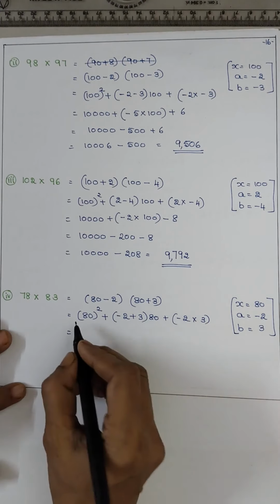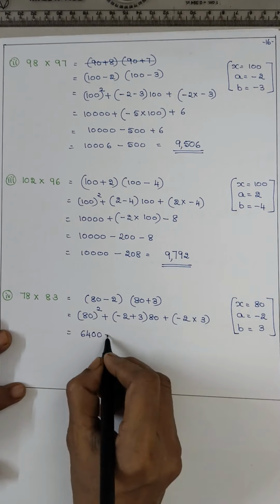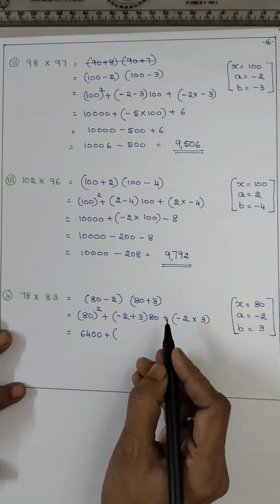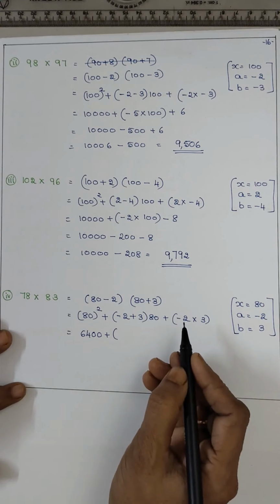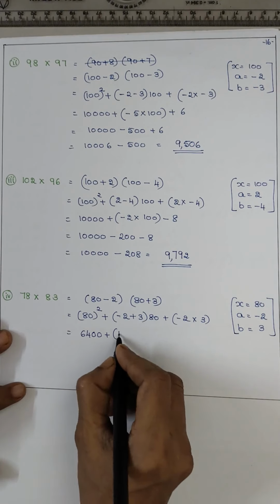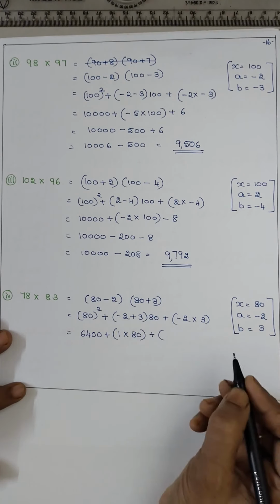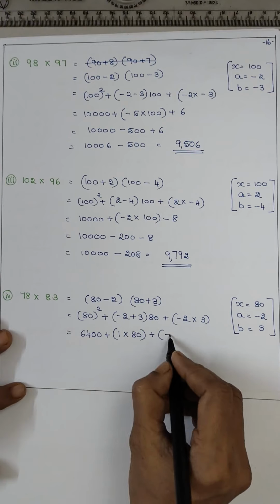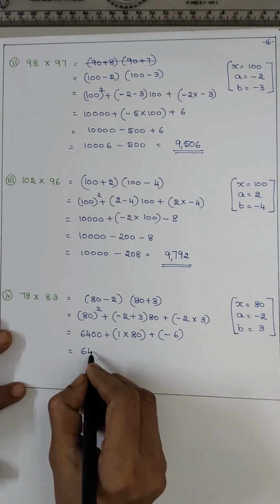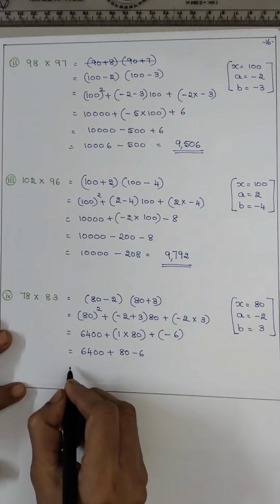Now 80 square, 8 square is 64, you have to put 2 zeros, plus bracket open, minus plus, opposite signs, the difference means subtraction, bigger number's sign, and 3 minus 2 is 1, into 80, plus bracket open, plus minus, in multiplication minus 2 3s are 6. So it will be 6400 plus 1 80s are 80 minus 6.